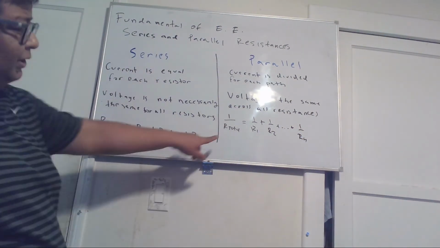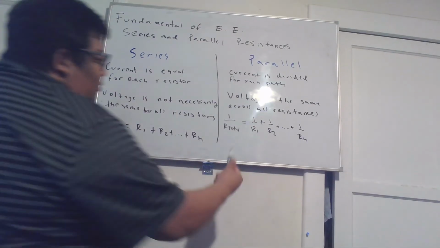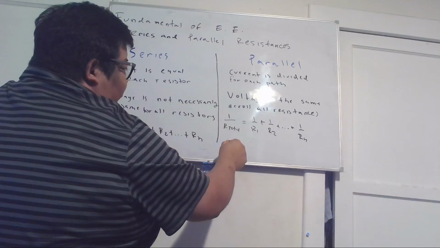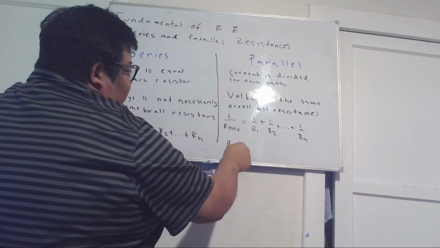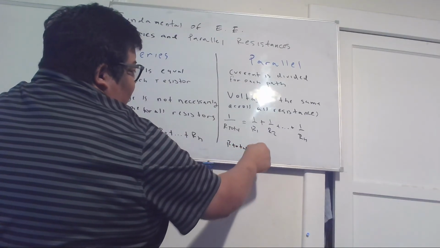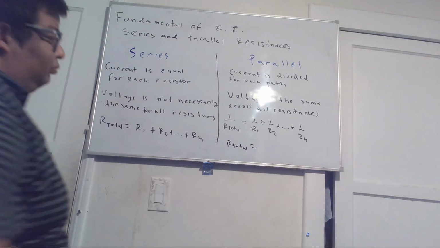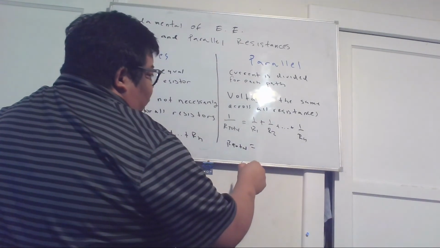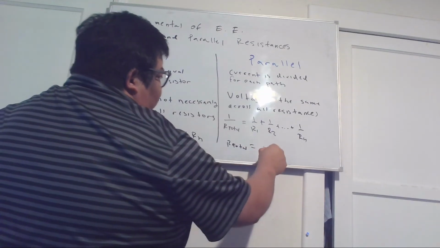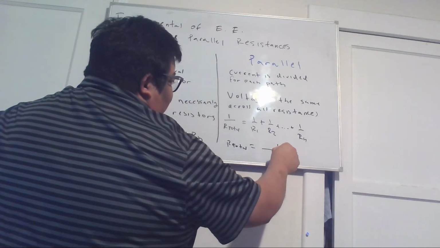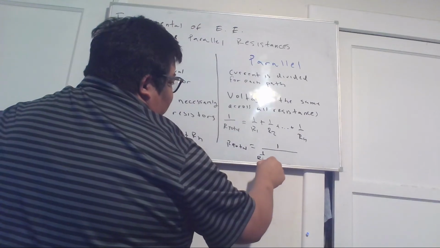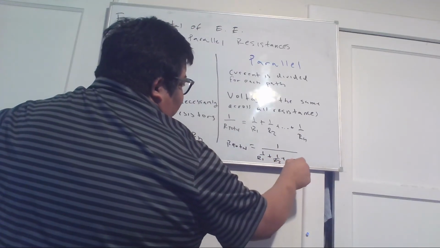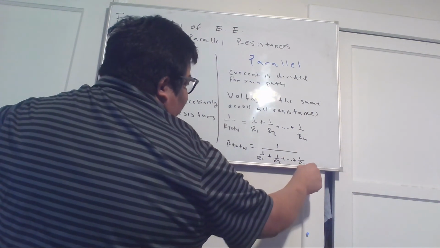And then if you want to find the R total, what you do is you take the reciprocal. So R total is equal to 1 over, 1 over R1 plus 1 over R2, all the way to Rn.